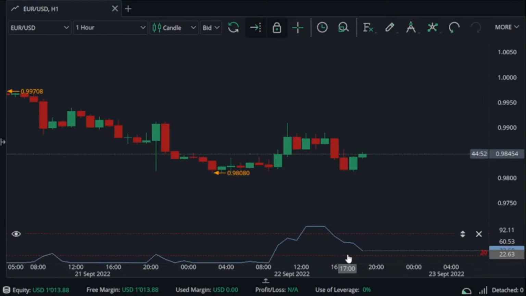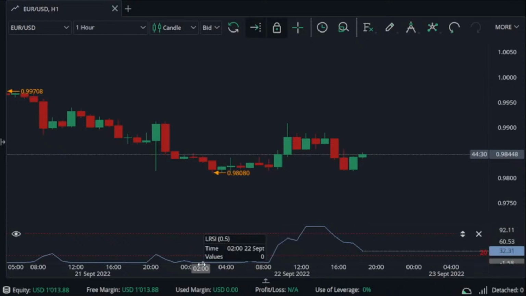So if we have the output of this LRSI above the 80 on the higher side, then we get this indication that the underlying instrument is in overbought territory and it has seen a substantial move already, and this might be the time for it to go into a corrective phase.